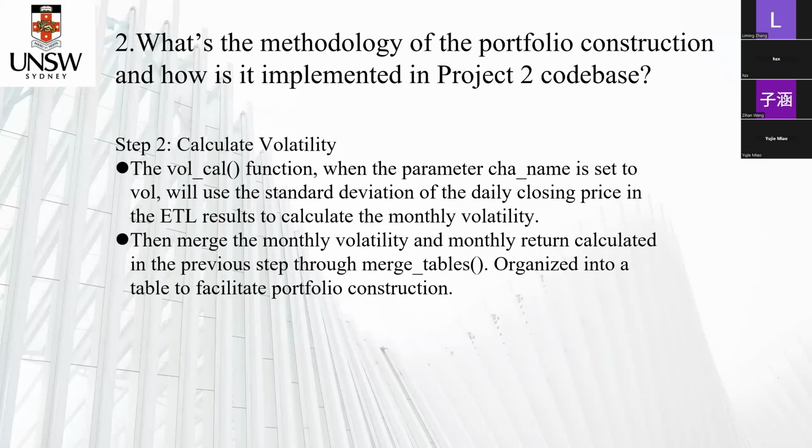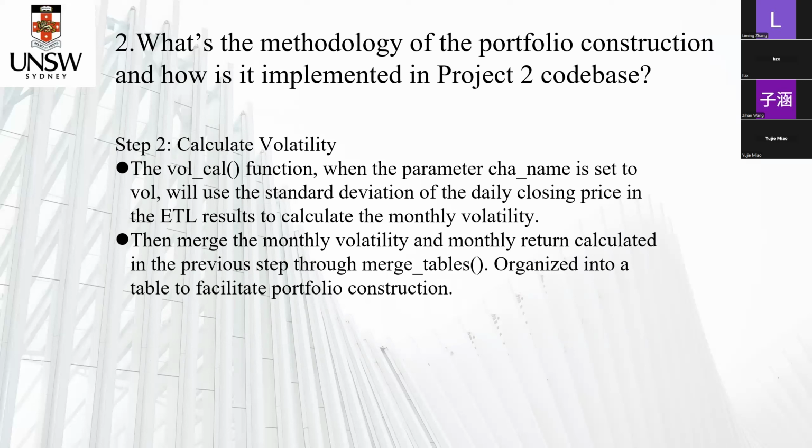And the next part. Step 2 is calculate volatility. This step is calculated by analyzing the stock's past price movements based on past daily closing prices, and may be adjusted for annualized volatility if necessary.